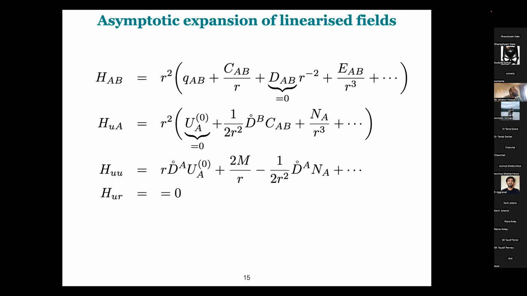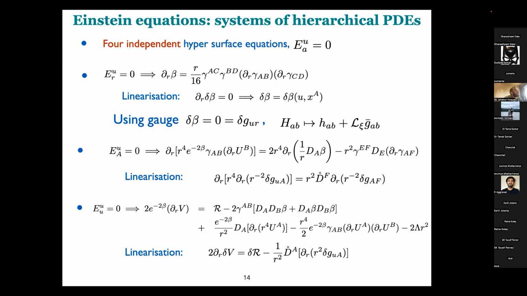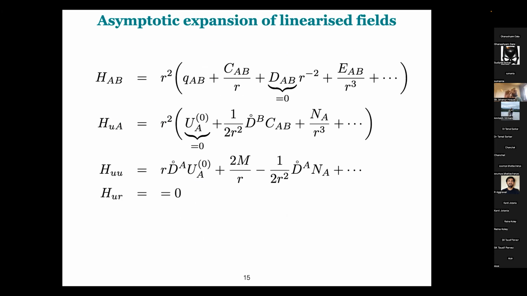Now, given gamma_AB, or I just write in terms of the linearized field, this is h_AB. So h_AB is given to us. Then from the Einstein equation, h_UA, h_UU, and h_UR are derived. I am restricting to the linearized regime, and in the linearized case you can show that h_UR is explicitly zero.